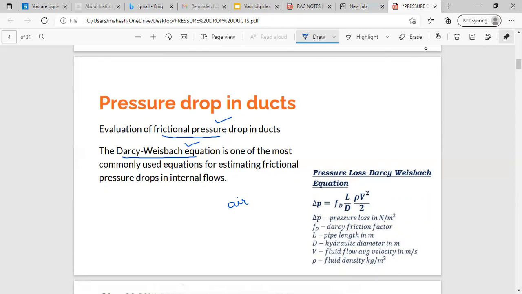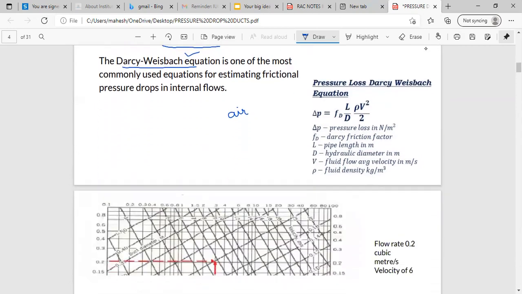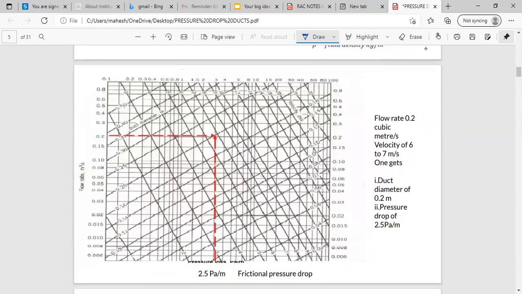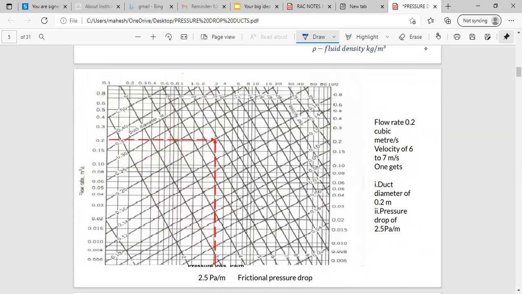This is the basic fundamental equation which helps us arrive at what is known as the friction chart. The friction chart which I have shown over here helps us to calculate the pressure drop because of friction in straight circular sheet metal ducts at 20 degrees centigrade, when the absolute roughness is 0.00015 meters.